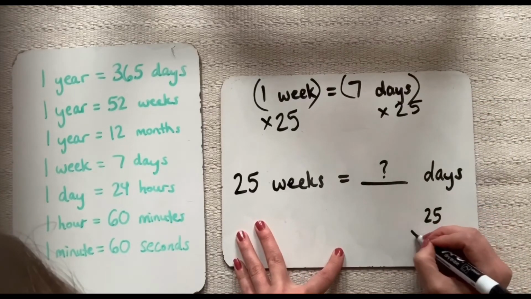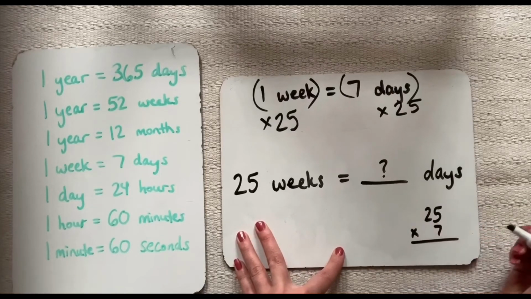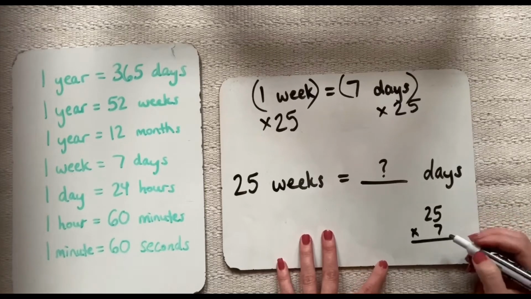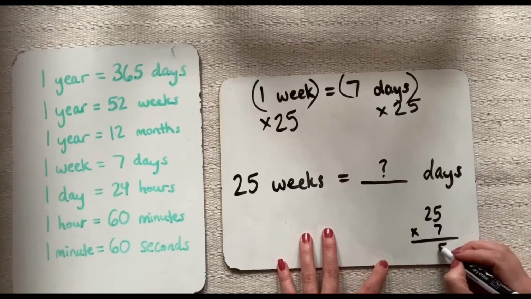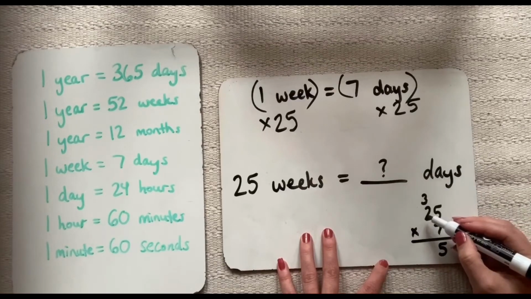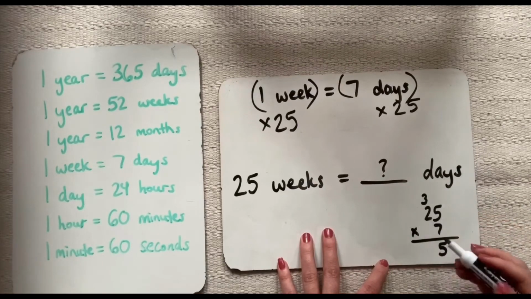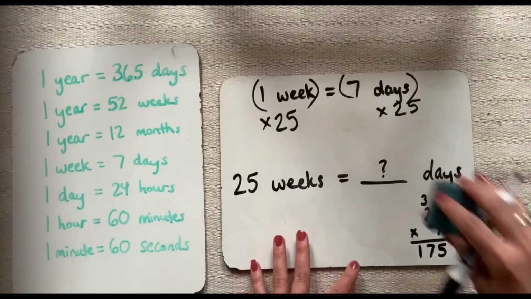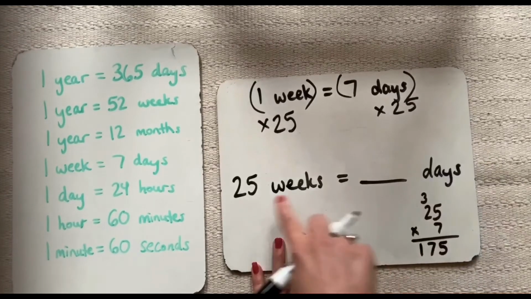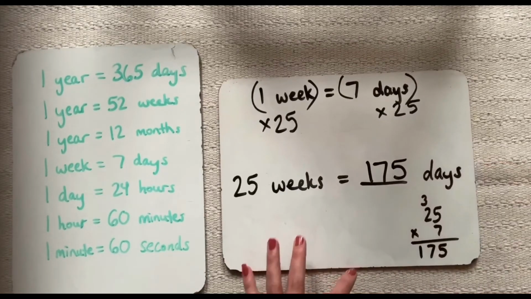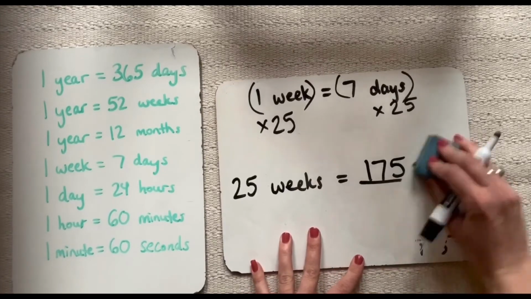I'm going to do calculations down here. 5 times 7, 35, leave the 5, carry the 3. 7 times 2, 14, and 3, 17. Okay? So 25 weeks is equal to 175 days. We're going to do a few more, just to make sure you're getting the hang of it.